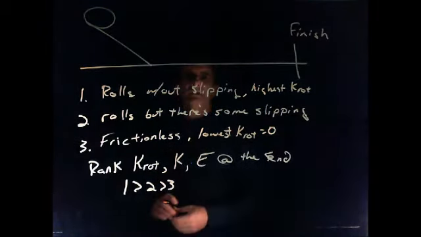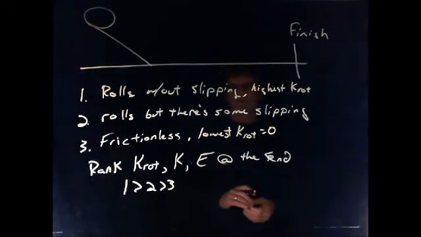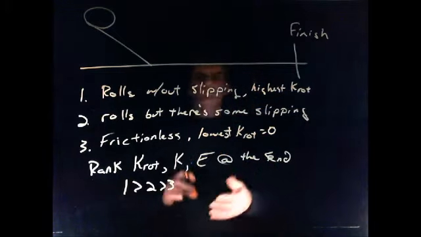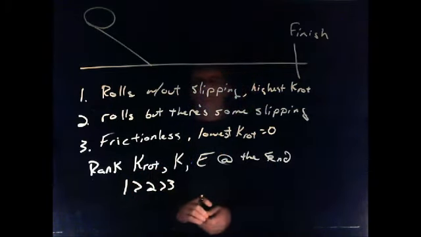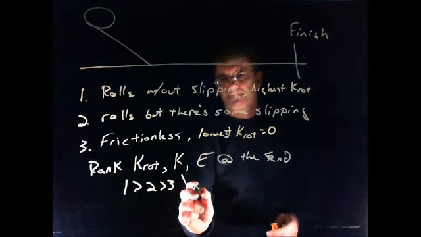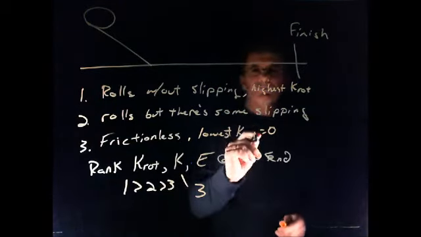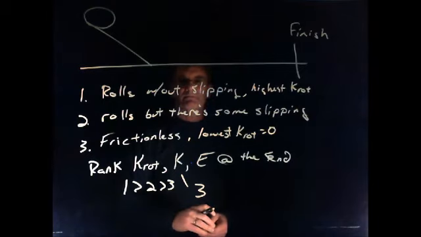Now the linear kinetic, we have to think about which one is moving the fastest. The one that's moving the fastest is the one that has all linear kinetic energy, which is case 3. It has no rotational, it has all linear, it's going to be moving the fastest.